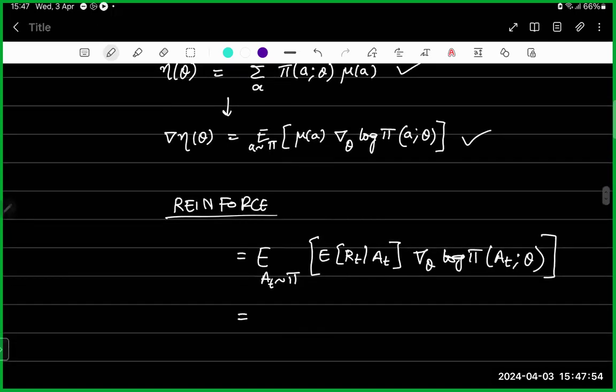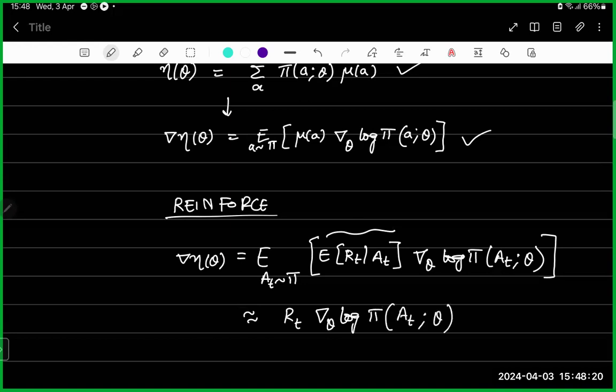And for this, all that we want is some number whose expectation is equal to the gradient, right? This is the exact gradient. So we just wanted something whose expectation is equal to the gradient. So what we have done is we have just used RT into del theta log pi of AT, right?